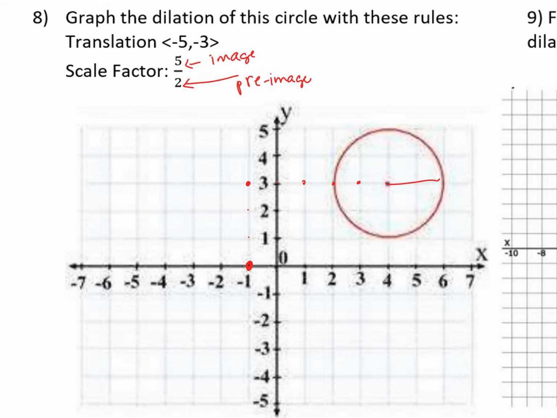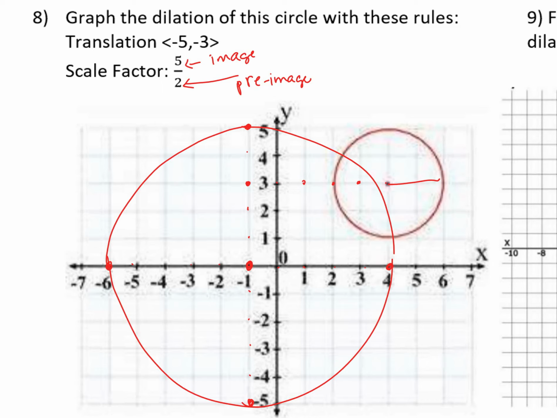So I'm going to count 1, 2, 3, 4, 5, 1, 2, 3, 4, 5, 1, 2, 3, 4, 5, 1, 2, 3, 4, 5, and all of that makes one big circle overlapping the other circle. Okay.